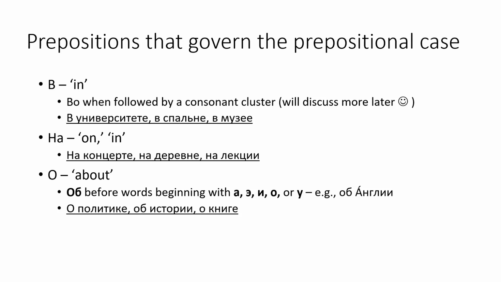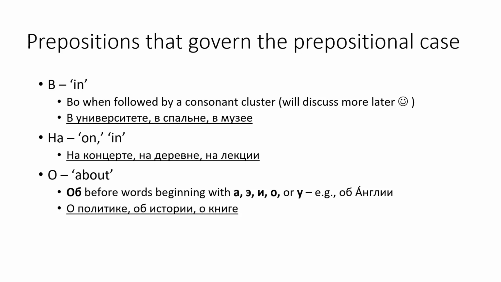Because some nouns only use на, some only use в, and some can use both but with different meanings. And that's something we're going to tackle in part 2. That's kind of why I had to split up this lesson into 2 parts, because there's a lot to get through. So here are the examples.